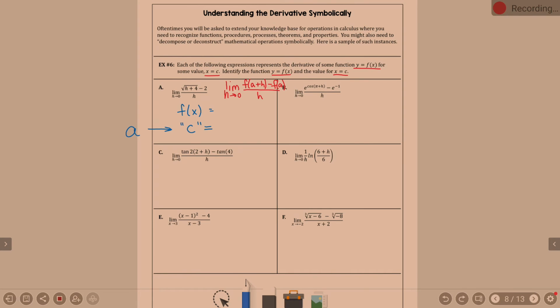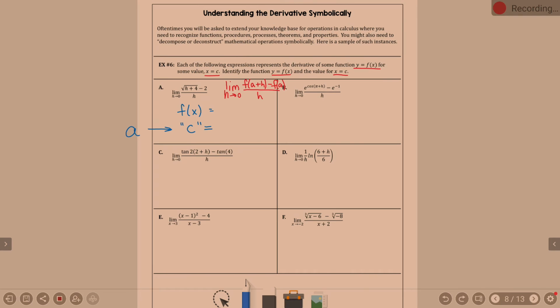Any thoughts? And then my thought would be to compare this, on this one at least, compare this h plus 4 to this f of a plus h.